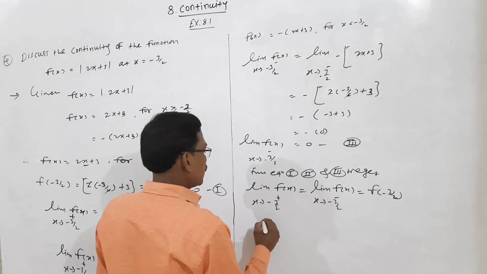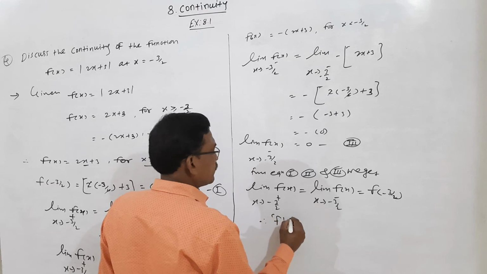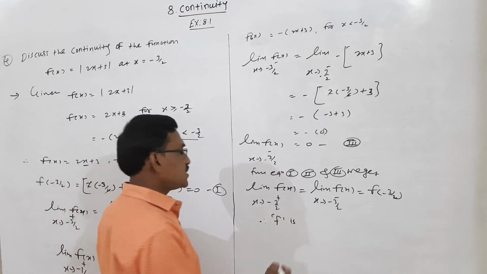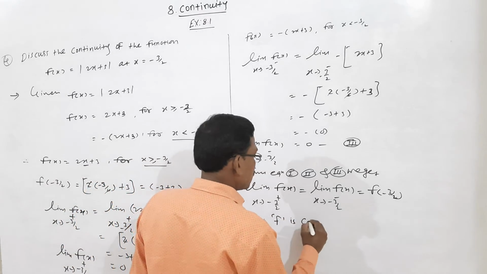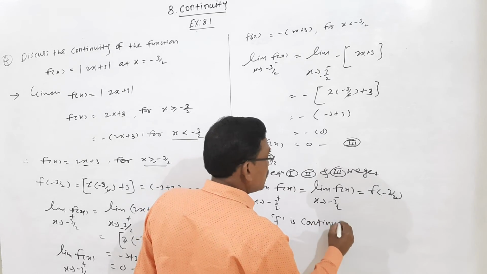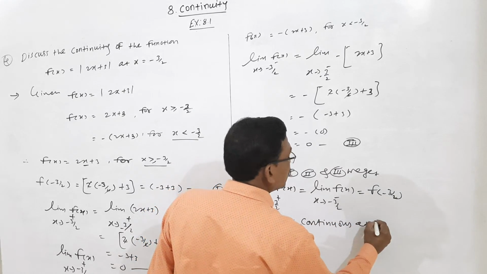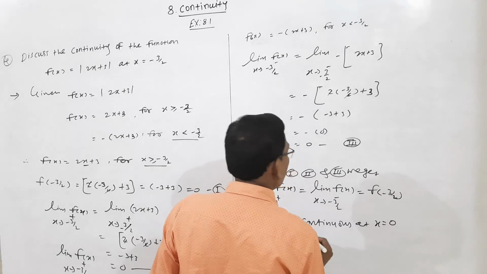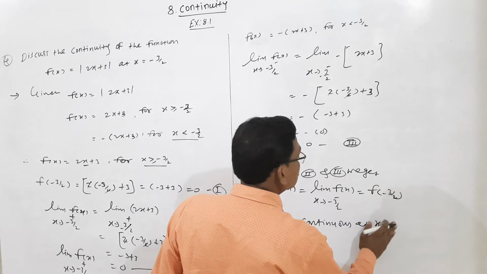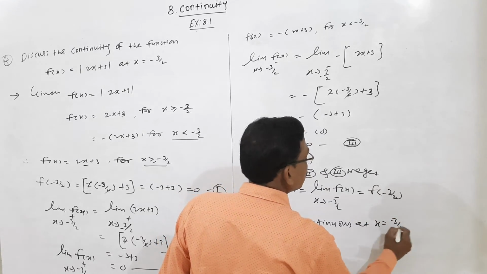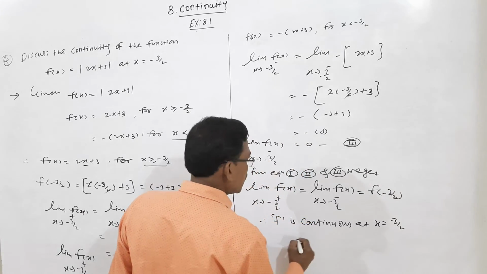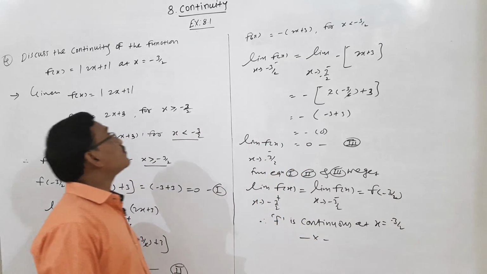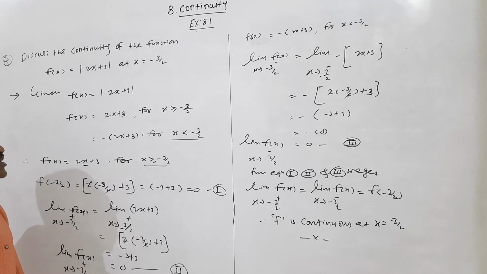Therefore function f is continuous at the point x equal to minus 3 by 2. Hence we have discussed the continuity of the given modulus function.